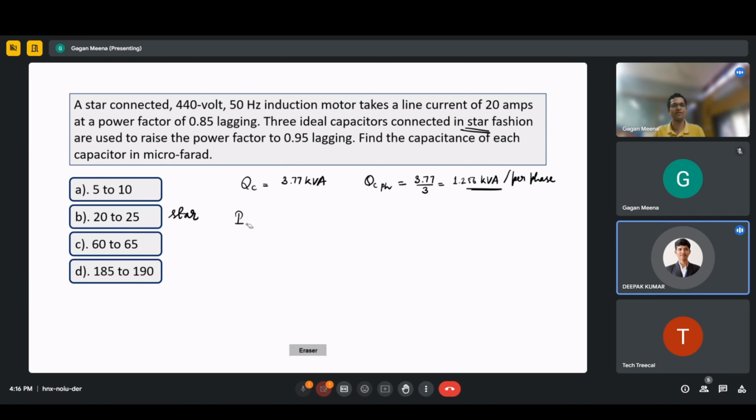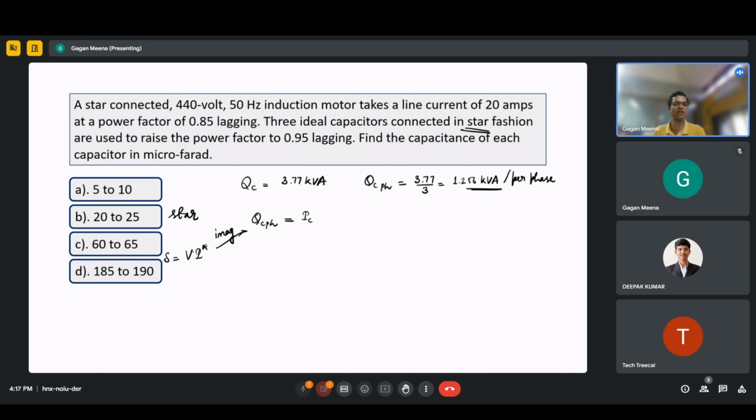Sir, it will be Q divided by V. How can you calculate this QC per phase? Sir, QC per phase equals IC into V conjugate. That is VI conjugate, that is S, and its imaginary part is Q.